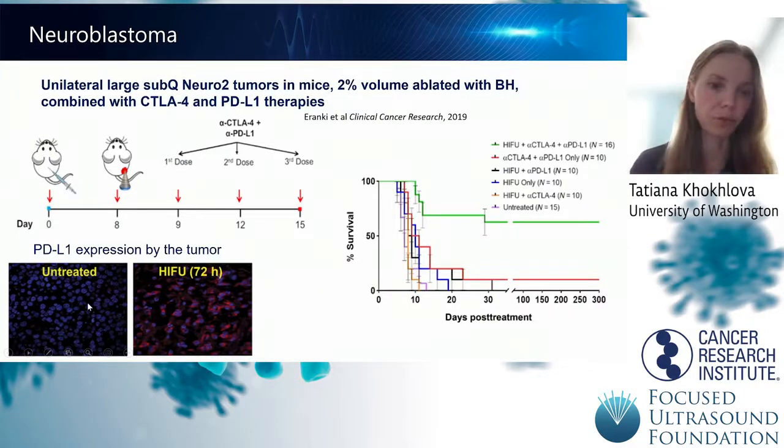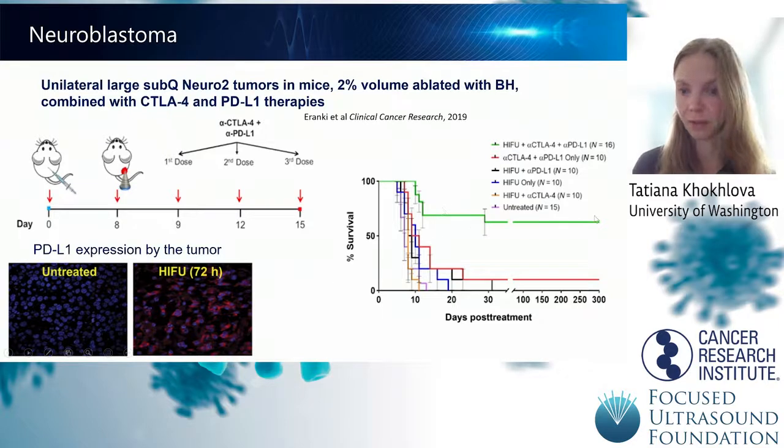So the untreated tumor doesn't express PD-L1, whereas the treated one does, about 3 days following HIFU. So providing immune checkpoint inhibition annihilates this immunosuppressive signal and allows for this sustained survival.